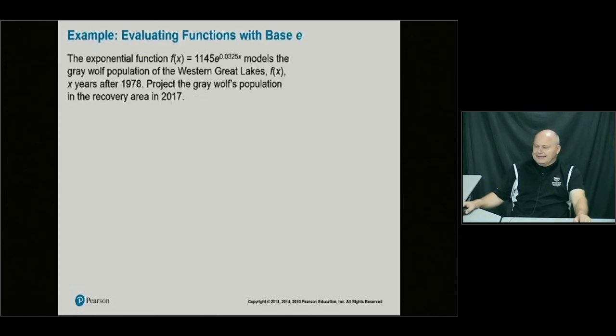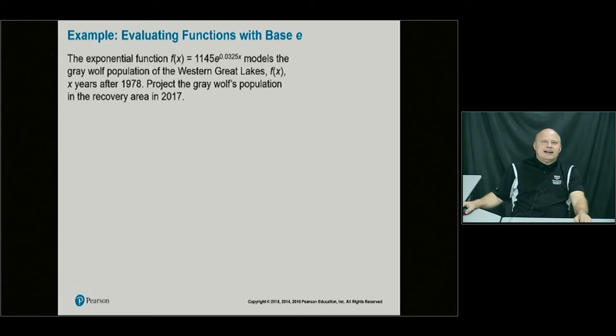Evaluating functions with base e. The exponential function f of x equals 1,145 e to the 0.0325x models the gray wolf population of the western Great Lakes, where x is the number of years after 1978.